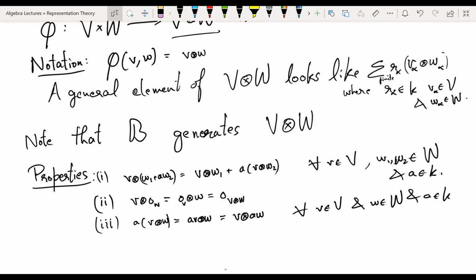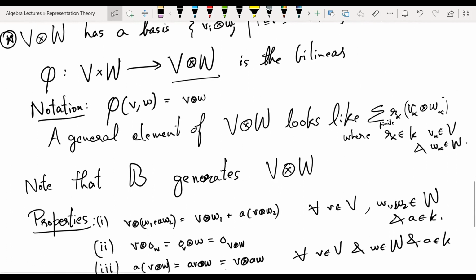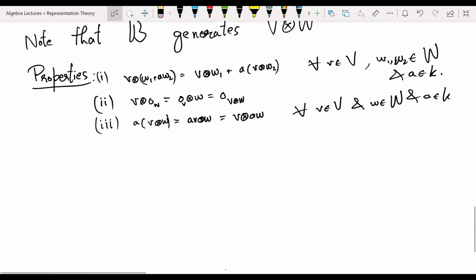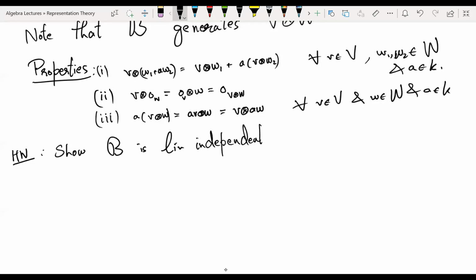I'll leave that as a homework problem: B is linearly independent. I think just using this property, you should be able to do it.